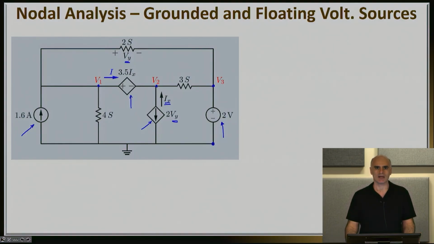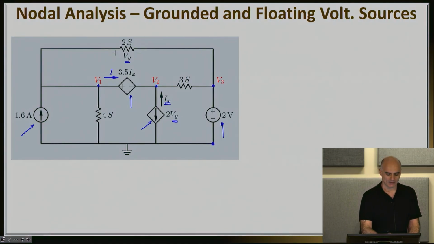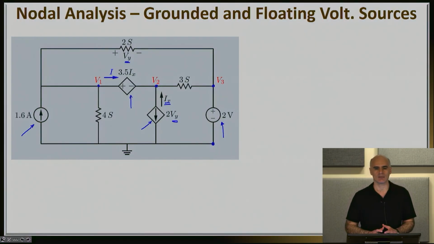So step number 1 is already done for you in this circuit, which is to essentially label all the unknown nodes in the circuit. And I have labeled them here, as you see, with V1, V2, and V3. Now, at first glance, you might be tempted to say that all of these nodes are unknown. However, if you pay a little bit more attention to the circuit, you will find out that V3 is actually a known node. Why is V3 a known node?